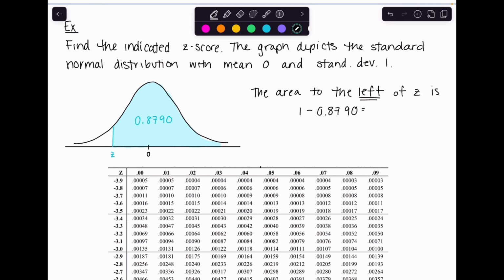So if you subtract the 2, this gives you 0.121. So what I want is I need to find this in the Z table, or as close to it as I can.